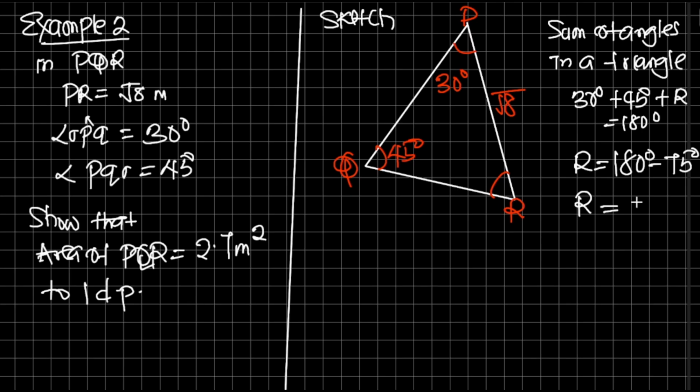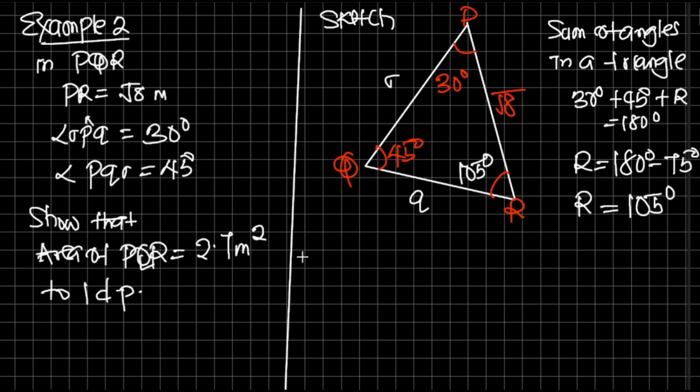So R equals 180 degrees minus 75 degrees, so R equals 105 degrees. Now that we've gotten R, we can use the sine rule to find any of the sides.